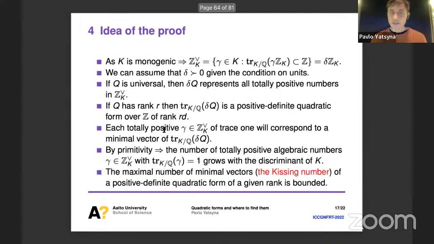But we also know that the maximal number of minimal vectors in a quadratic form is bounded by the degree, or by the rank, sorry. So we have that the rank is bounded because it's r times d, but given that the discriminant grows in a given degree, this cannot be satisfied, so the rank has to grow also. So this result gives us a lower bound for the rank of a universal quadratic form.